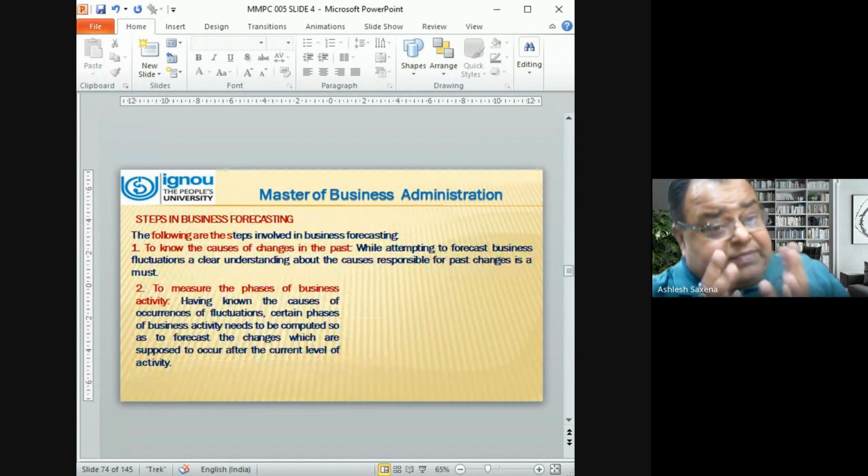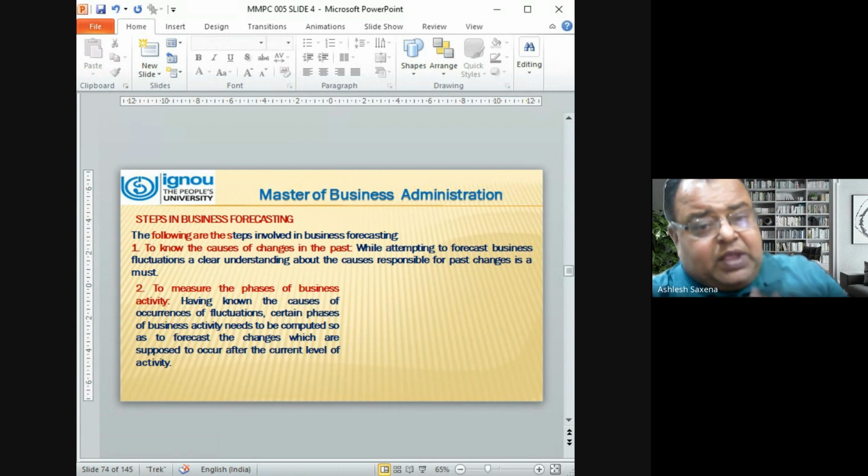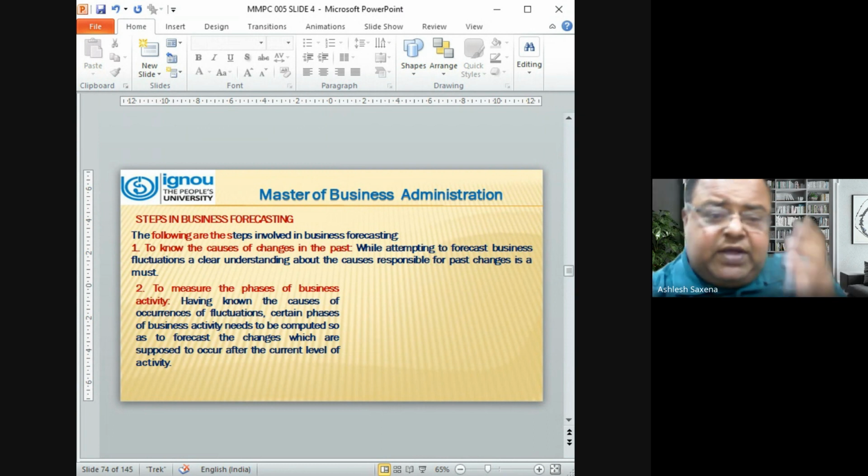What are the steps in business forecasting? First one is to know the cause of change in the past. While attempting a forecast of business fluctuation, a clear understanding about the causes responsible for past change is a must. Second one is to measure the phases of business activity.